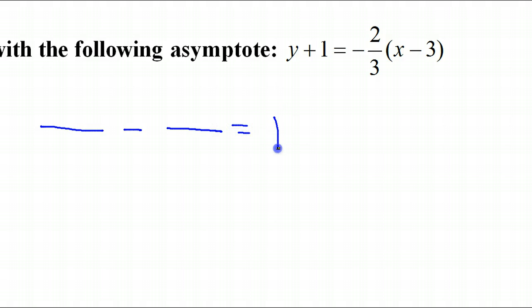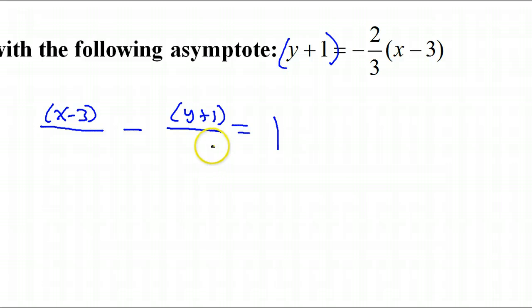And then it's going to equal 1. Now, these two things, like the y plus 1 and the x minus 3, they're going to show up in this equation. So it could either be here, x minus 3 and then y plus 1, or it could be the other way around. We don't have enough information to know any better than that.